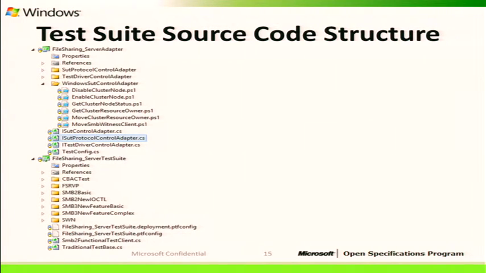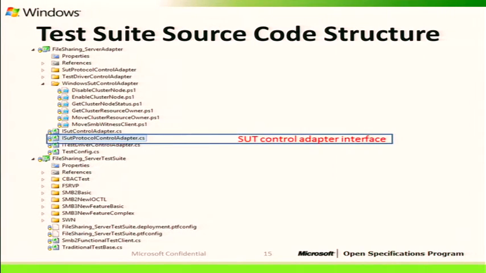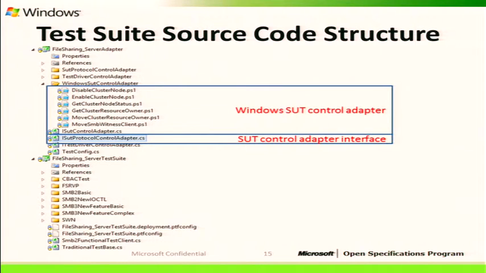In the source code, we have the following structure. The SUT control adapter interface defines the interface which we could invoke to contact the SUT server. And here is the implementation of the SUT control adapter, written in PowerShell script.